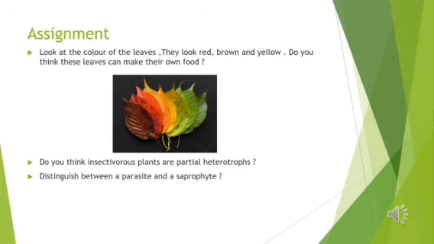Actually insectivorous plants have chlorophyll in them. So the question is, do you think insectivorous plants are partial heterotrophs? They can be also called partial autotrophs also. Distinguish between a parasite and a saprophyte. We will discuss the answers in the next class.